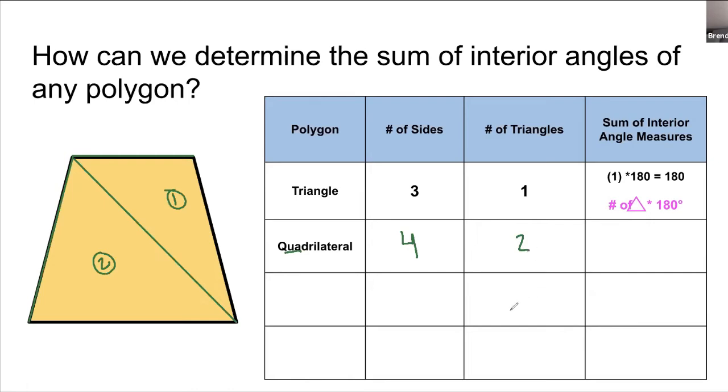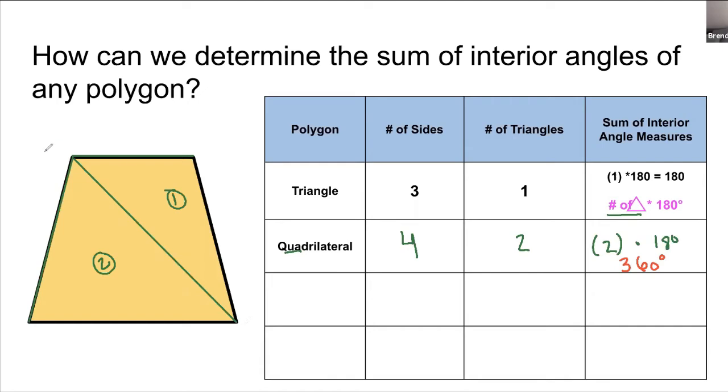We're going to multiply the number of triangles that we have, which is 2, by 180. Well, if we multiply 2 times 180, our new sum of interior angles would be 360 degrees.